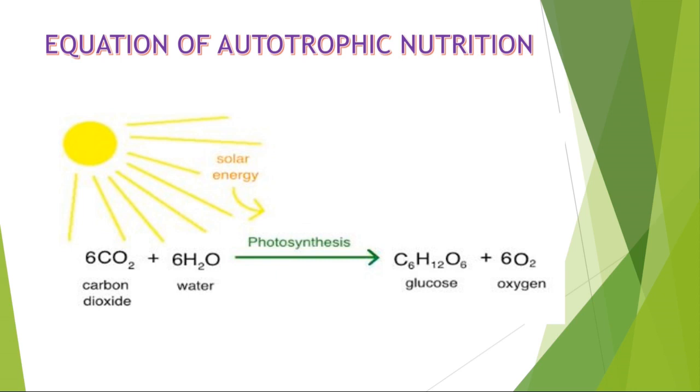If we read the chemical equation, it is 6CO2, that is carbon dioxide, plus 6H2O, that is water, in the presence of chlorophyll by the process of photosynthesis, taking solar energy, giving C6H12O6, glucose, plus 6O2, that is oxygen. Hope you've understood the basic equation of autotrophic nutrition. Let's move to the next slide.